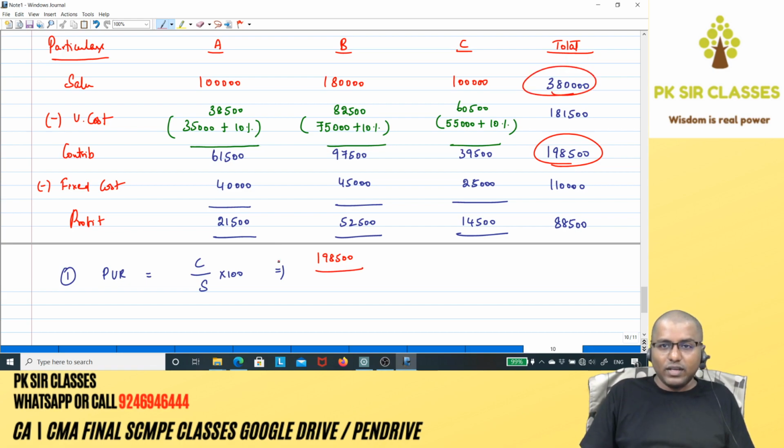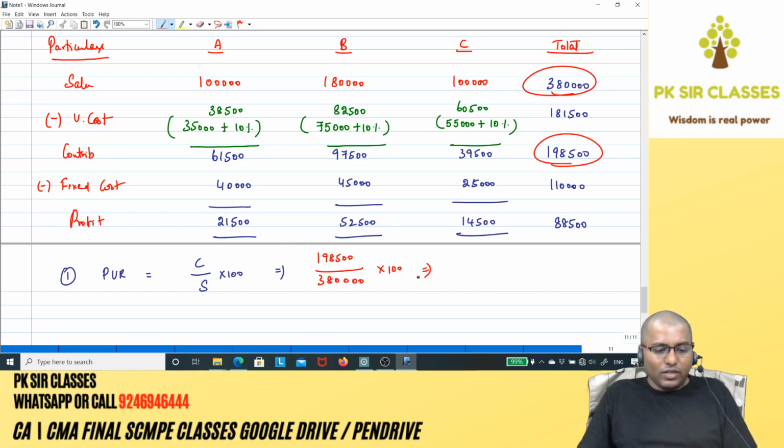This one, 3,80,000 into 100, correct? So 52.24% approximation. Actually it comes around 52.2368, so I've taken approximation as 52.24%. I hope it's okay. Chalo, next.